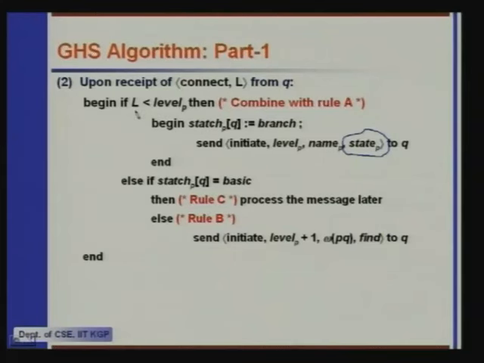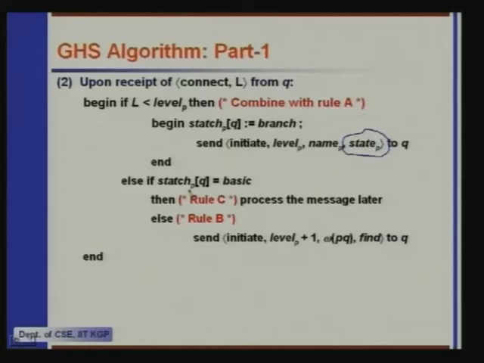If we find that L is not less than level P, then there are two cases: L is equal to level P or L is greater than level P. Now, we check whether the status of the channel P is basic. If it is basic, then we will apply rule C and process the message later.